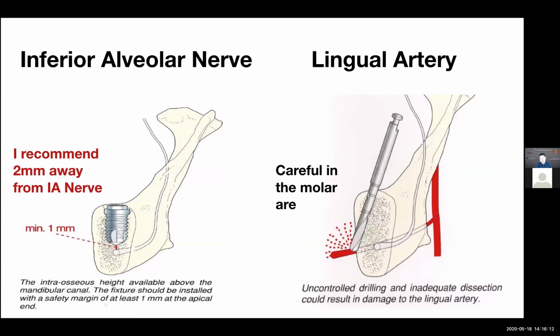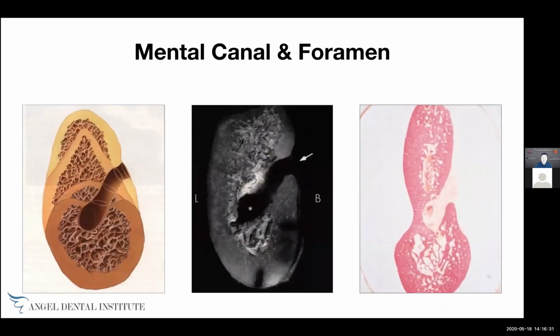The reason it kills a person is not that they bleed to death, it's suffocation. What happens is the bleeding causes the tongue to engorge and constrict the airway, so the patient dies of airway suffocation.